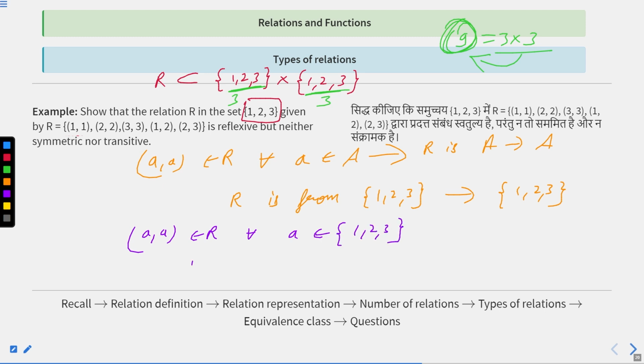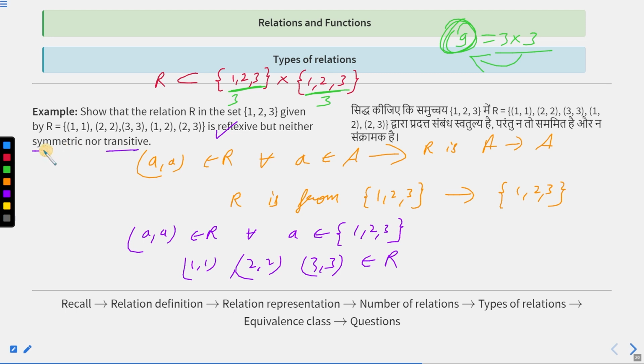This means (1, 1), (2, 2) and (3, 3) must belong to R. As you can see, they do. So yes, by definition it is reflexive. No issue in that.